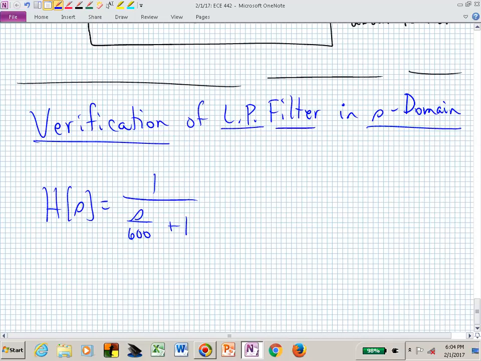I may actually want to look at this also in a pole zero form, and this isn't very useful, but if I multiplied it by 1, then I would have the same low-pass filter with a bandwidth of approximately 100 hertz, written in pole zero form as 600 over s plus 600.